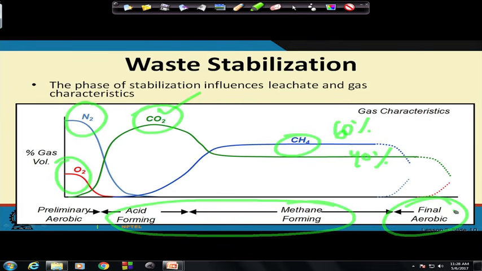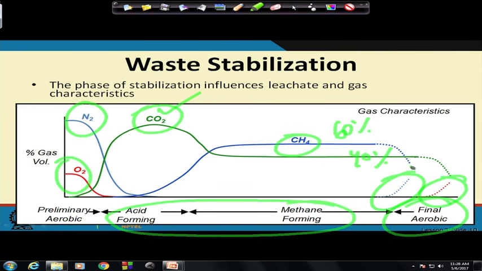But percentage-wise, nitrogen and oxygen will start picking up. That's what you see over here, and these are shown as dotted lines because we don't have any data right now to prove that. We have to look at some landfill gas data to prove whether that really happens or not. That's why it's a dotted line, not a firm line. So this is how typically the gas composition will change over time.